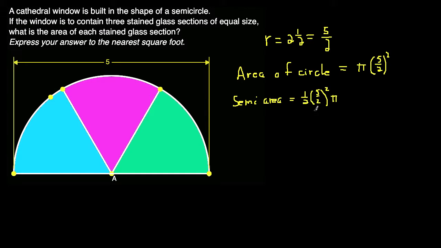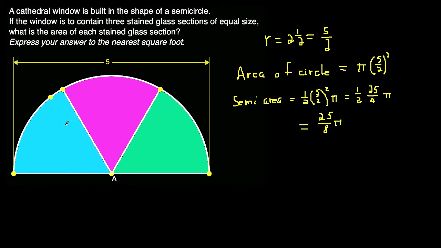Okay, let's evaluate this expression. 5 squared is 25 divided by 4, times a half. So I get 1/2 of 25 divided by 4 times pi. This is equal to 25 over 8, because 2 times 4 is 8, times pi.